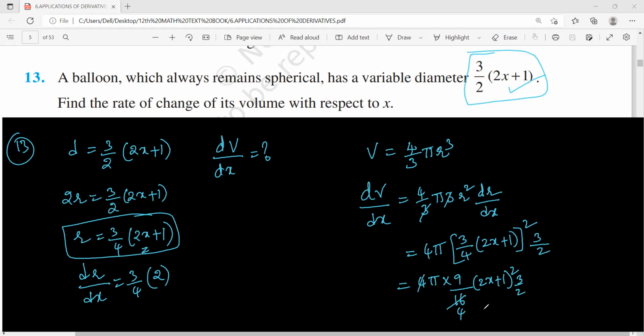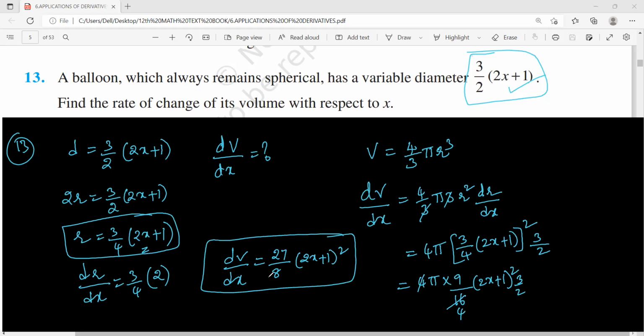So dV by dx, which was asked, is 27/8 into 2x plus 1. Let me just copy this down.